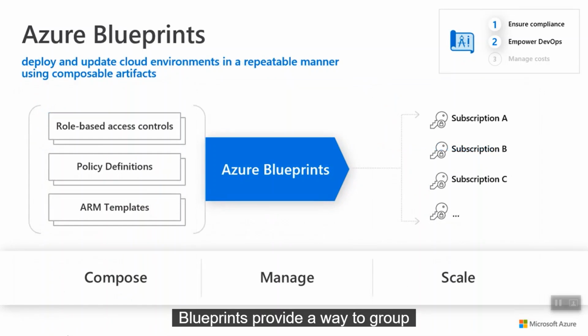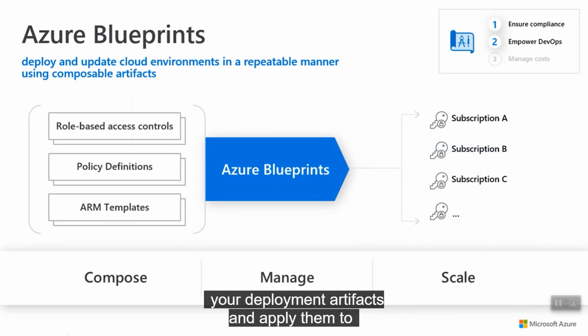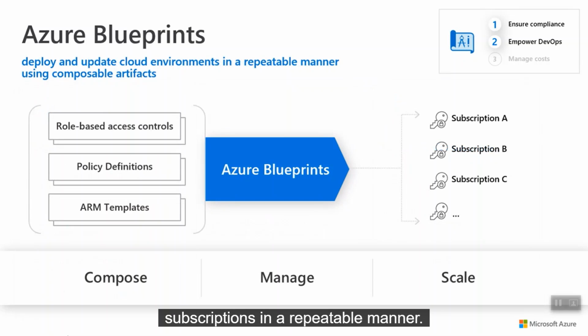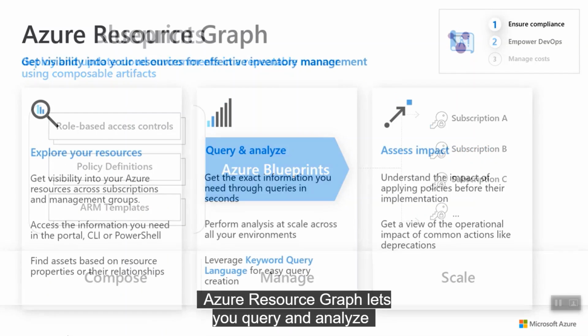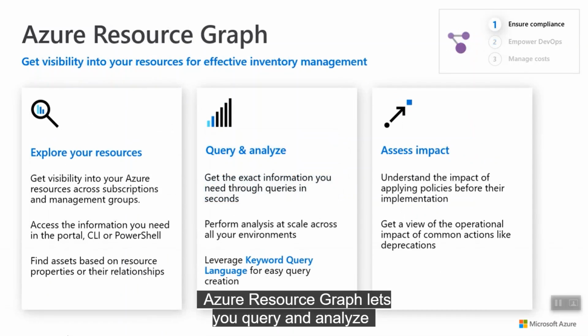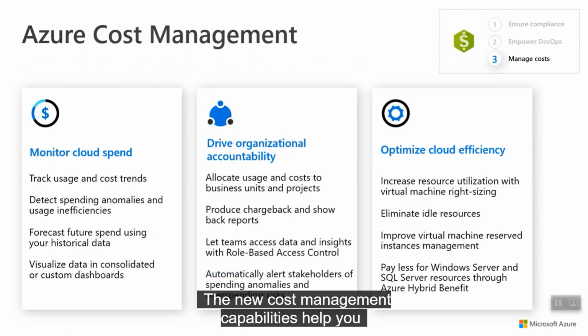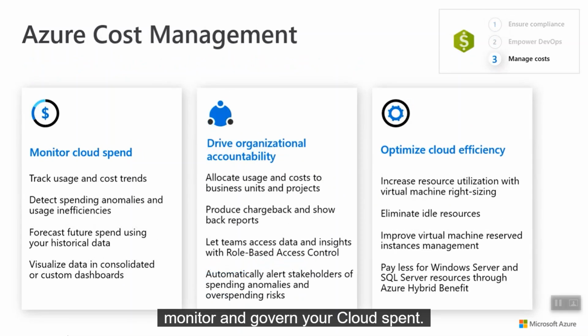Blueprints provide a way to group your deployment artifacts and apply them to subscriptions in a repeatable manner. Azure Resource Graph lets you query and analyze your resources to provide you with visibility into your Azure environment. And the new cost management capabilities help you monitor and govern your cloud spend.